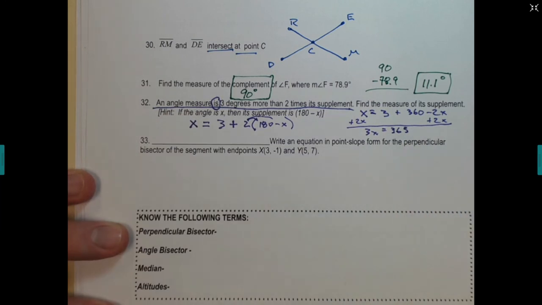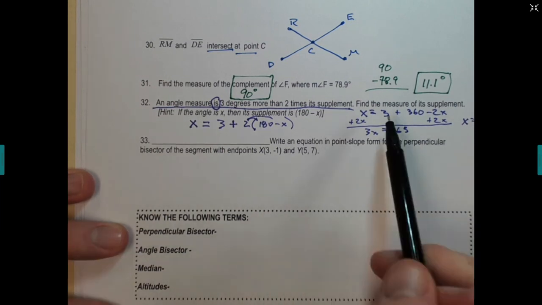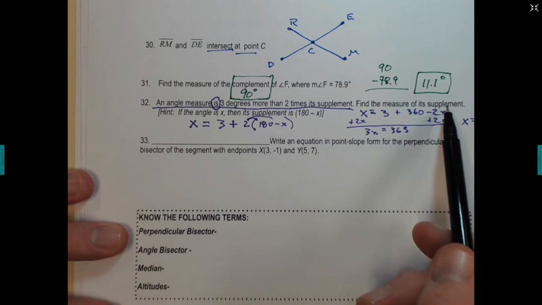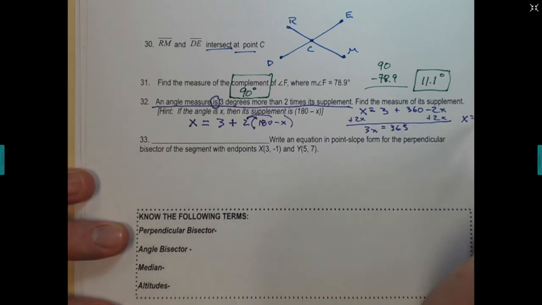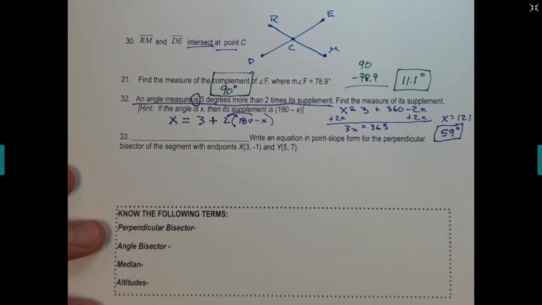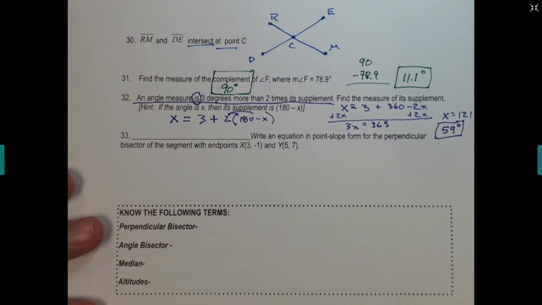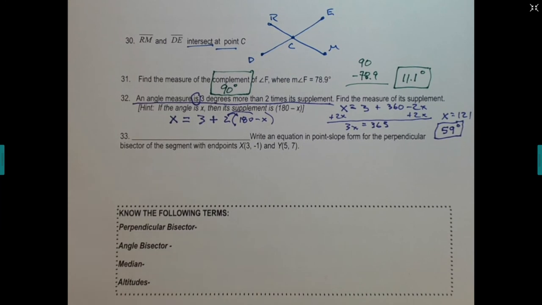If I divide both sides by 3, I find out x is 121. But they asked me to find the measure of its supplement. So the supplement is whatever makes me 180 degrees. So 59 degrees. That's why that one's really tough. Thank goodness you got me around to do that one for you.